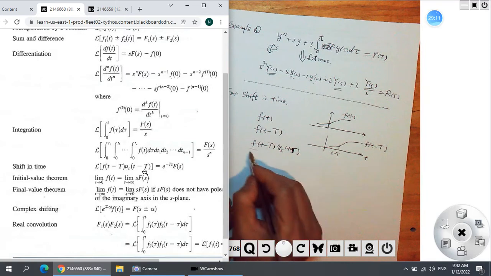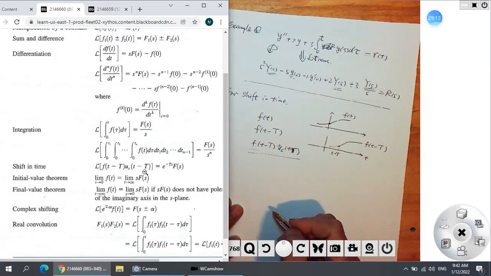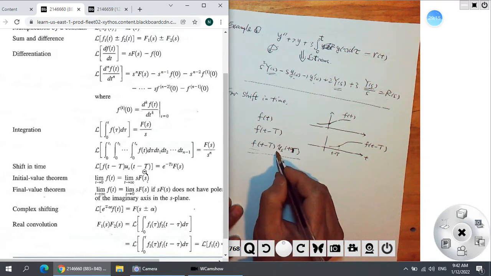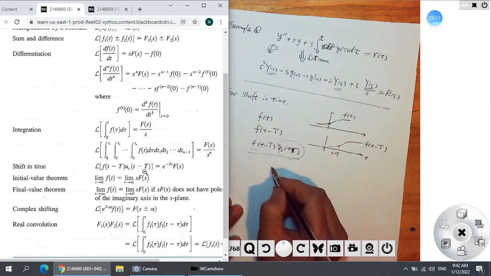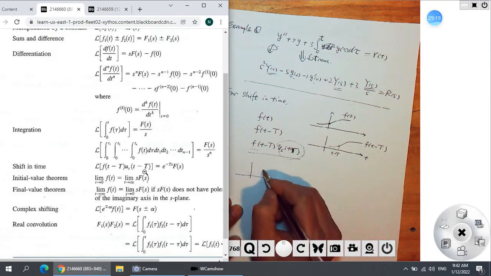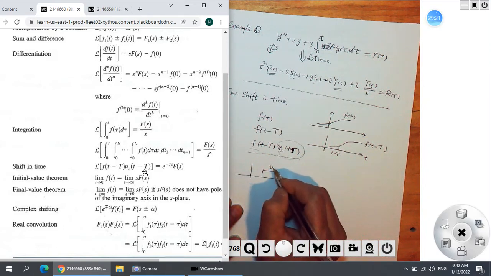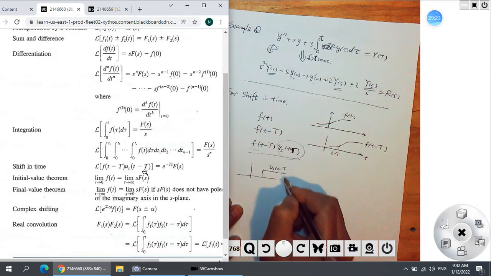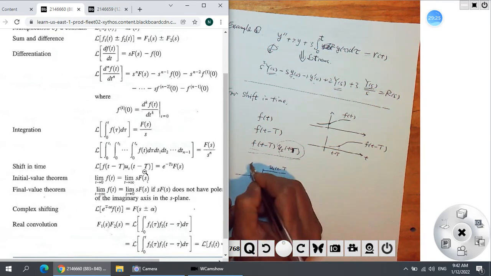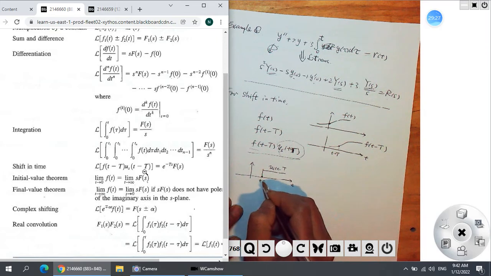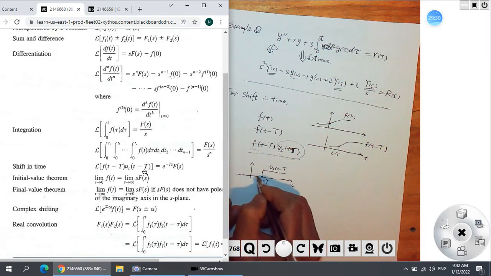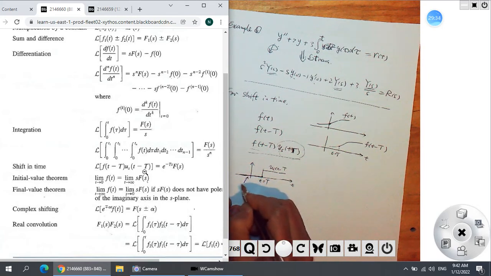What is this? This is okay. You can see what this is. This is u_s(t minus T). This one. Here are zeros. This part u equals 0.